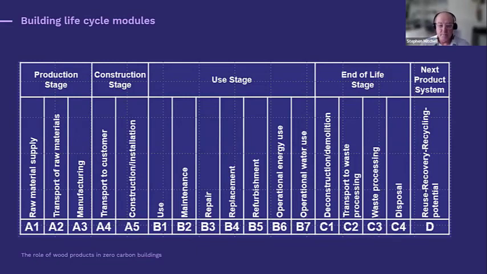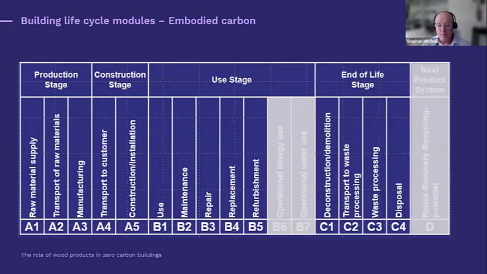When we talk about embodied carbon, as I was saying, it's this upfront carbon from the production and construction stage. It's the emissions from using materials for maintenance and repair and replacement, refurbishment during the building's life cycle. And it also encompasses reuse, recycling, deconstruction, waste disposal of the materials at the end of life of a building.